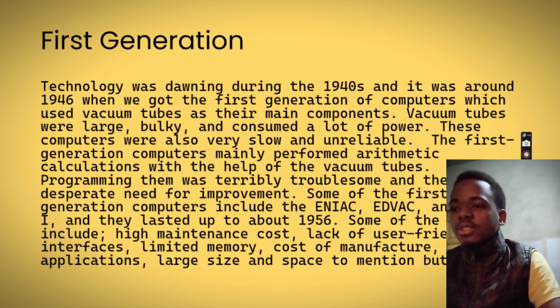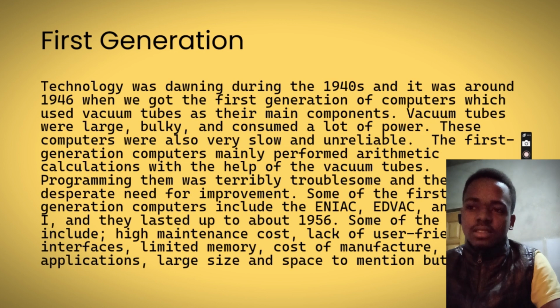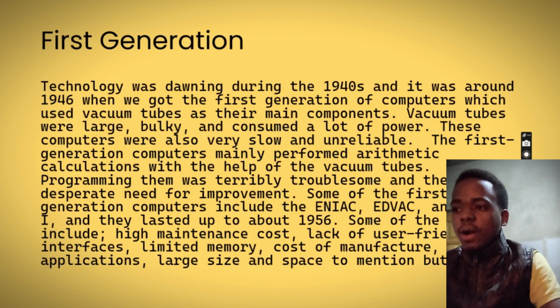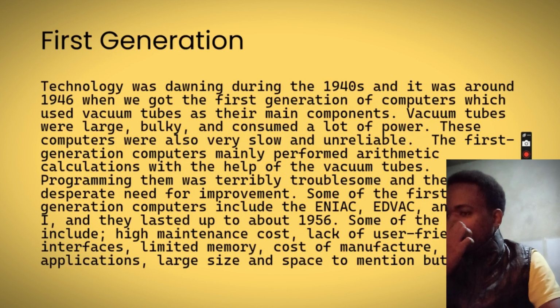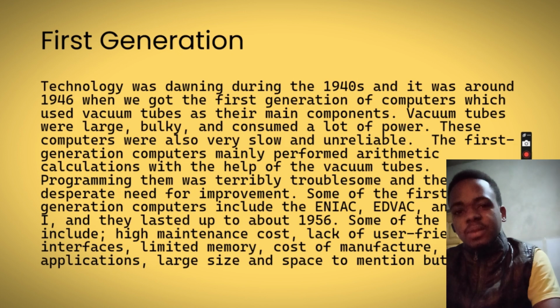Some of the first generation computers include the ENIAC, EDVAC, and UNIVAC 1. These lasted up to about 1956, when they came to the end of their support.